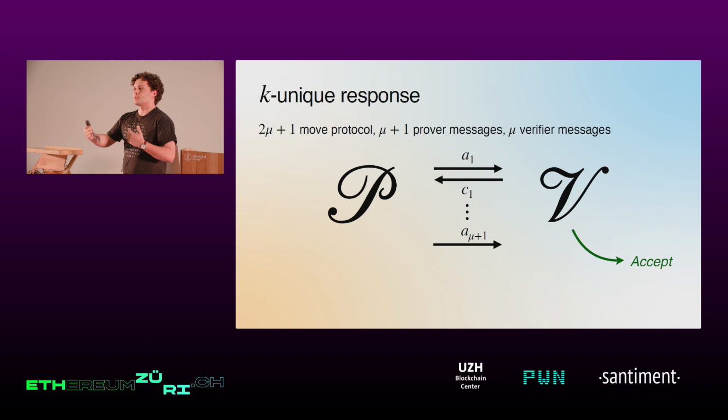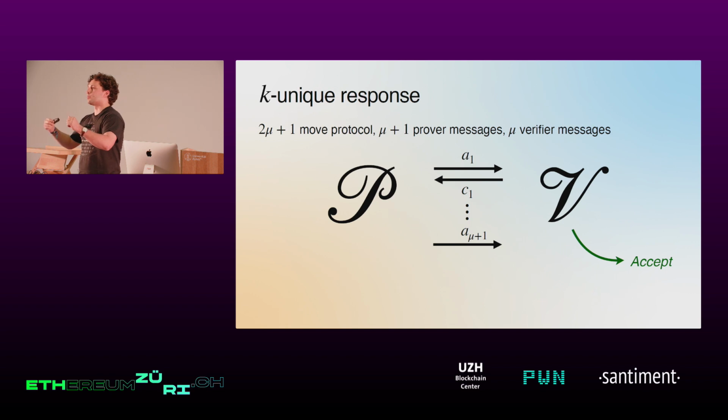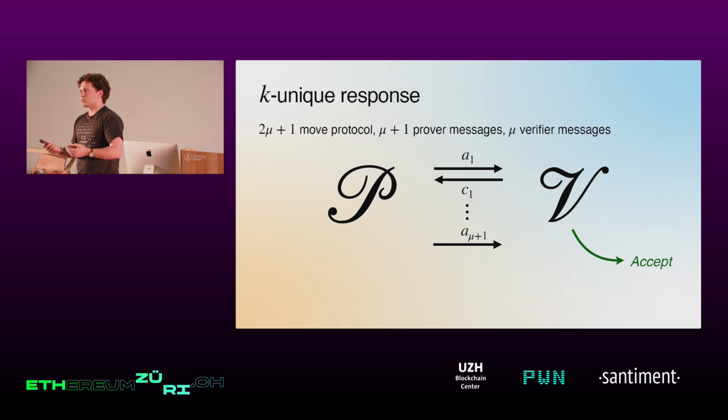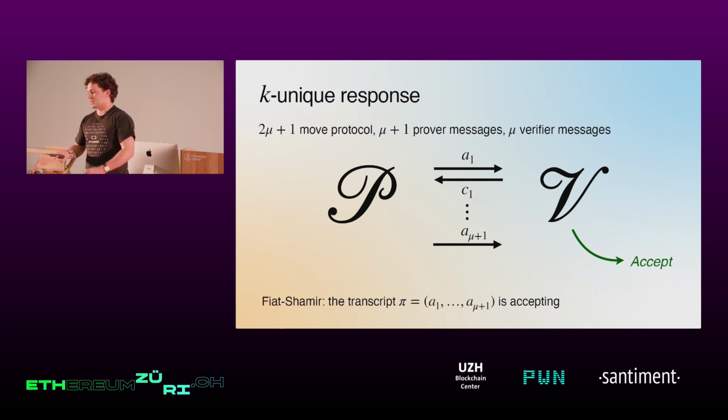Usually, zero-knowledge SNARKs are constructed by taking this interactive protocol and making it non-interactive using the Fiat-Shamir transformation, or the Fiat-Shamir heuristic, in which instead of the verifier sampling, for example, uniformly the challenges, you hash the prover messages. To get the second challenge, you hash the first three messages, and so on and so forth. So when we use the Fiat-Shamir transform, usually what we say is that the transcript consisting of the prover messages is accepting.